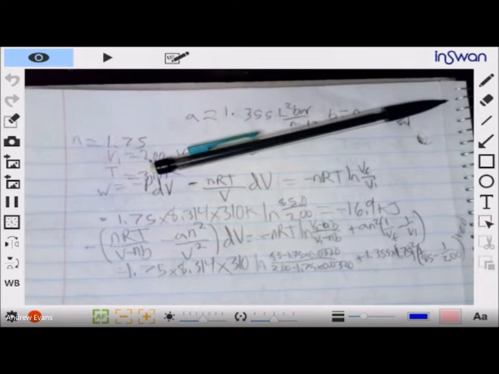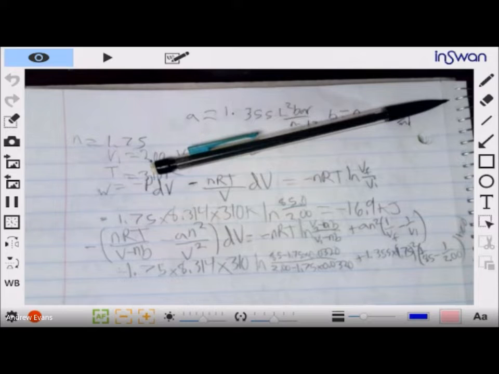So let's calculate each side. First, our natural log. ln of 85 minus 1.75 times 0.0320 over 2.0 minus 1.75 times 0.0320.